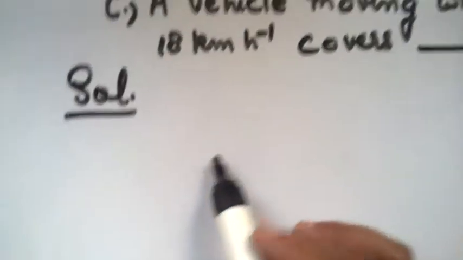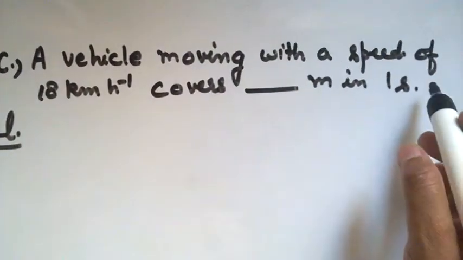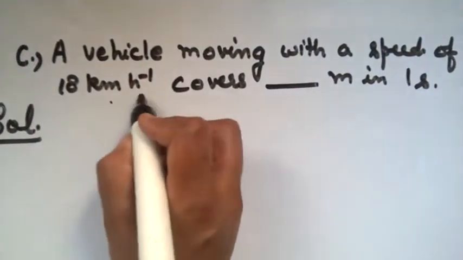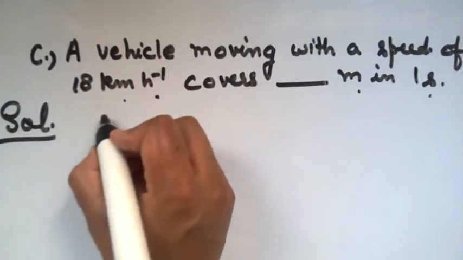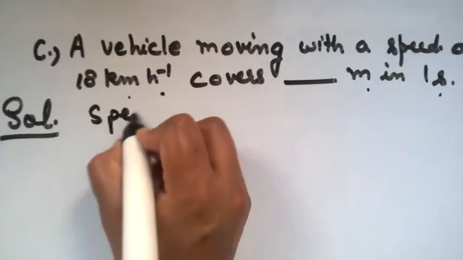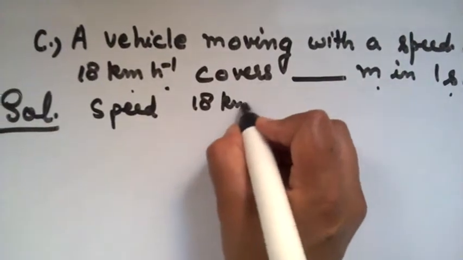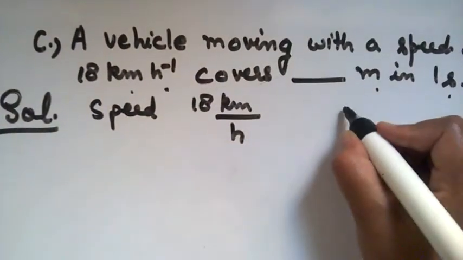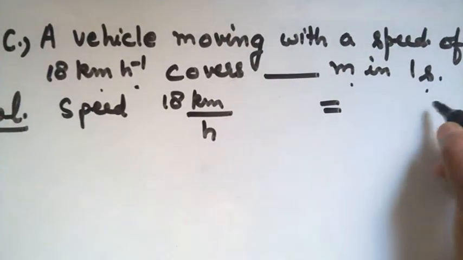Now next part is, we have to convert the speed of a vehicle which is given in kilometer per hour into meter per second. That is, the speed is 18 kilometer per hour. We have to convert it into meter per second.